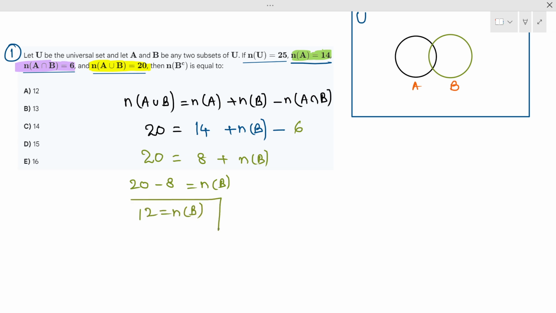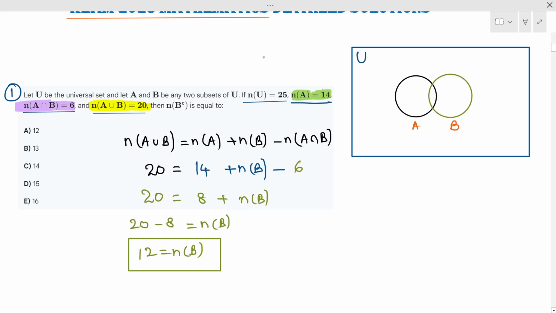But wait, we have to find n(B complement), right? Now, n(B complement) means the number of elements in the complement of B. Complement of B means all the elements apart from set B, right? Yes. So that will be all the elements in the universal set minus n(B).